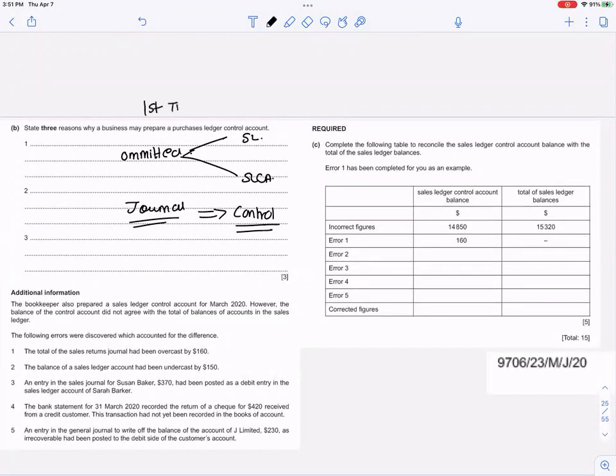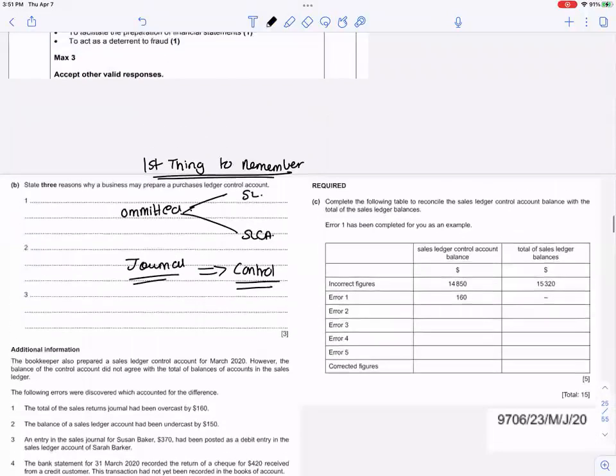The second thing to remember is, what balance does the SLCA have? Debit. So SLCA always has a debit balance. If I have to put anything on the debit side of the SLCA, I will add.